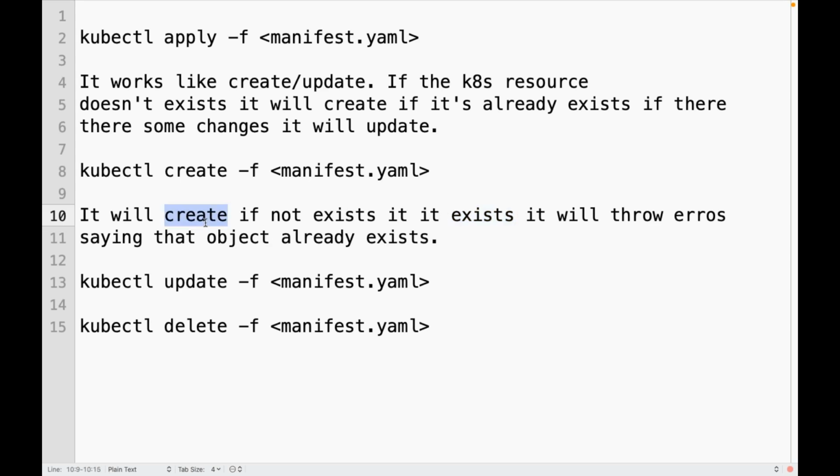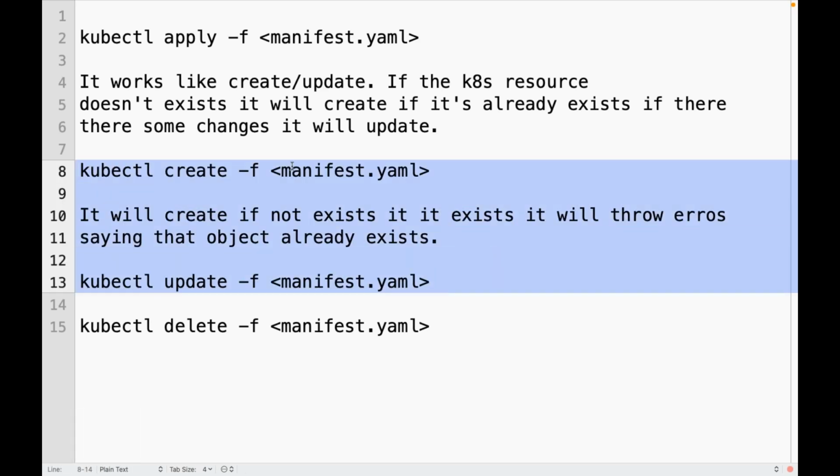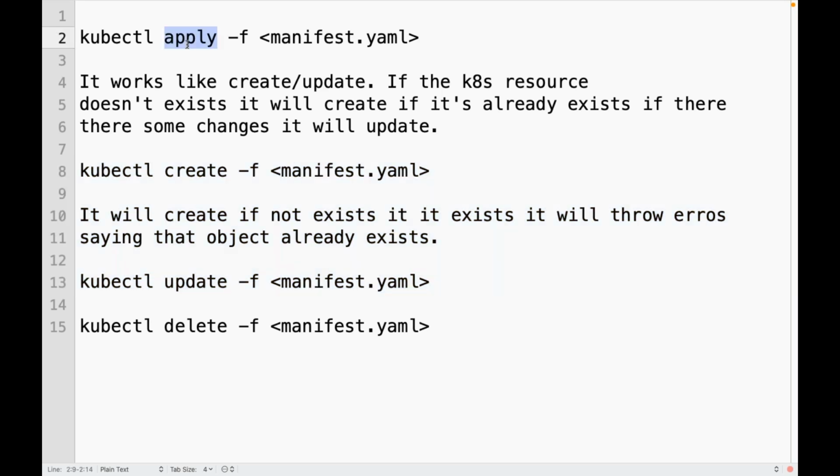Then if I want to do any updates, I have to do it using update. Instead of using create or update separately, can I directly go for apply, so that it will create if it is not there, and if it is there it will update. So that's why, wherever you see it most widely, if you are already working, you don't see kubectl create or update.